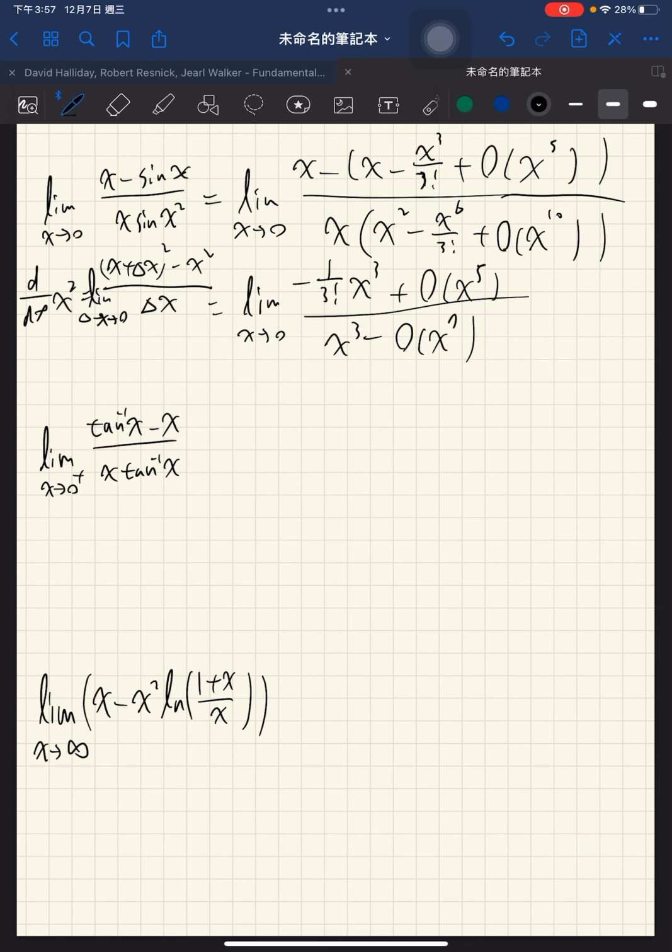And in here we will get a delta x squared term, but since delta x is already approaching 0, delta x squared is so small that we can ignore that.